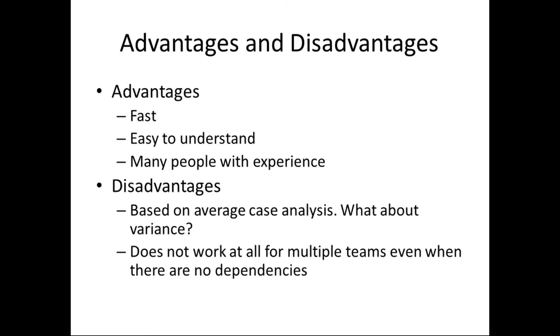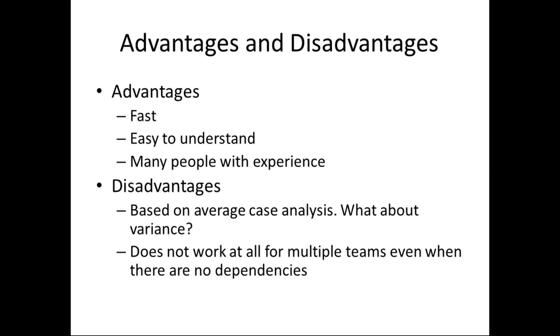The second is that it's super easy to understand. You can do all of the calculations and all of the work on the back of an envelope. You don't need a spreadsheet. You don't need advanced skills. And there are many, many people in the industry who have done this. So even if you're just starting up your Agile transformation, there are probably people at your company who have done this in some other company.